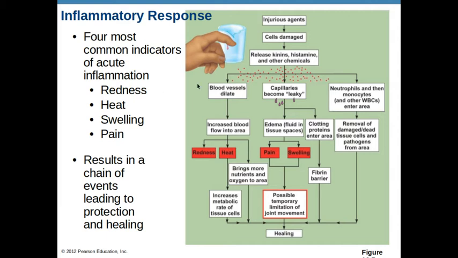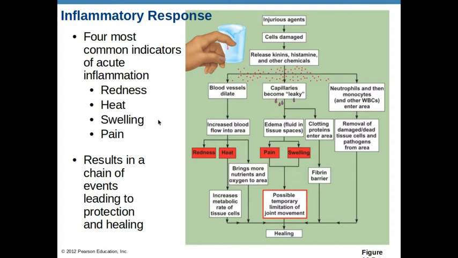So we keep going down the flow chart, and the results of a lot of these chemicals that have been released are going to be the redness that comes from these blood vessels dilating, the heat that comes with this increased blood flow to the area. We've talked about that a lot before.